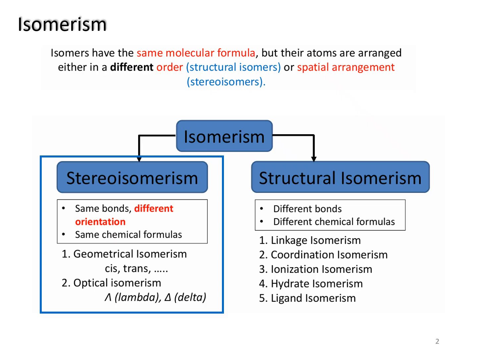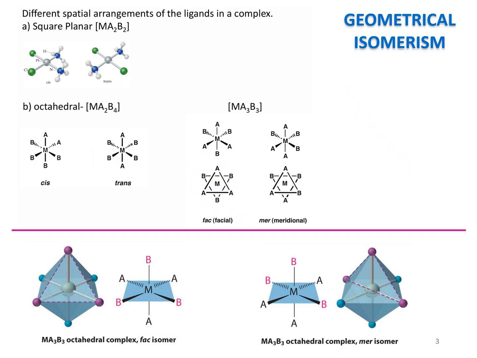Because of their chirality, they can respond to optical light. And they have two conformations, the lambda and the delta conformation. So let's look one by one at examples of geometrical and optical isomerism.